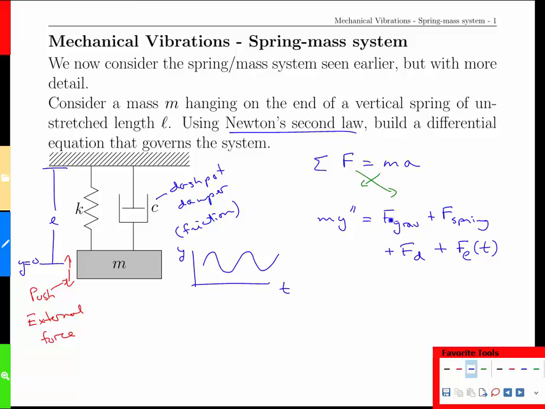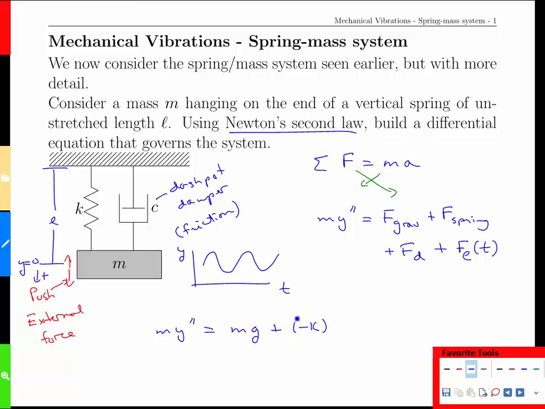Now the nice thing about Newton's second law is we can just itemize all of these various forces and put them into the formula. We're going to have my double prime equals gravity. If positive y is going to be down, we'll define that for a reason we'll see in a second, mg would be positive. It'll be pulling in the positive y direction. Now the spring force is going to be negative k.